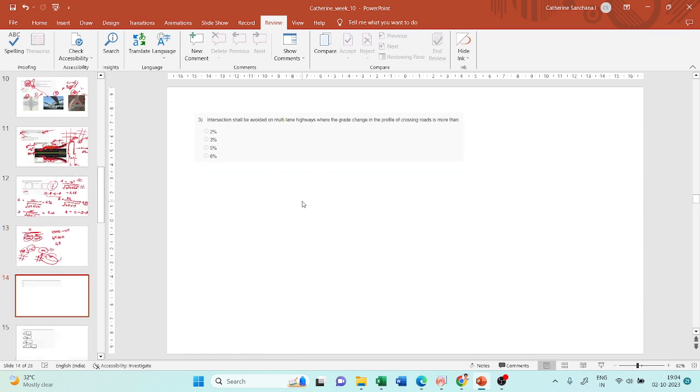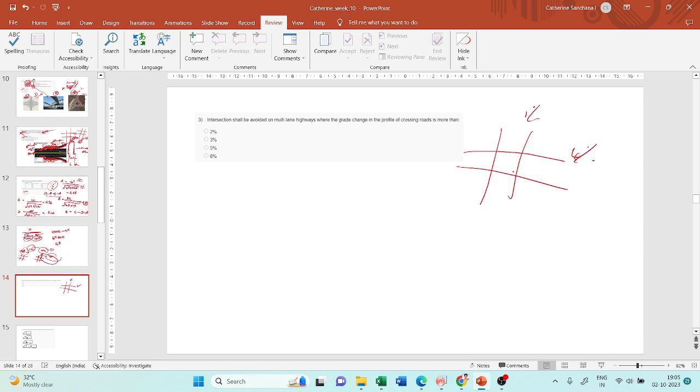Now moving on to the next problem. Intersections shall be provided on multi-lane highways where the grade change in the profile of crossing roads is more than what? So you have two crossing roads, and one has a grade of say 1%, and the other has a grade of say 4%.